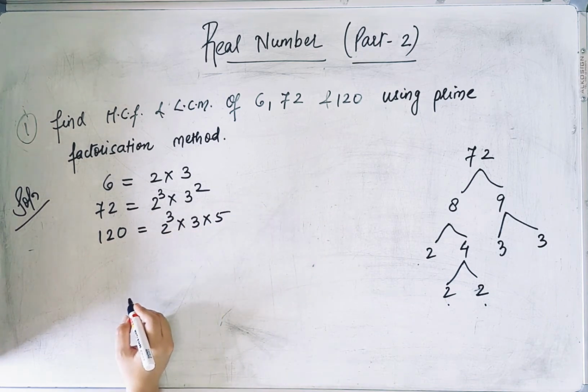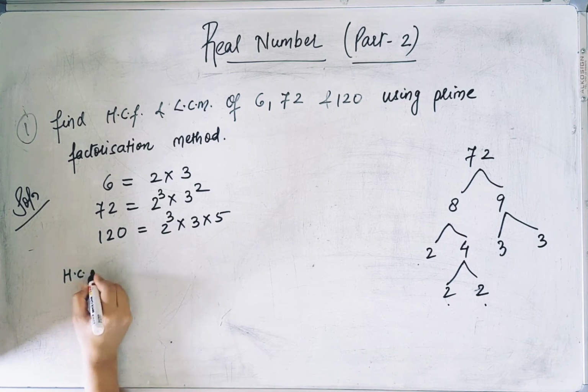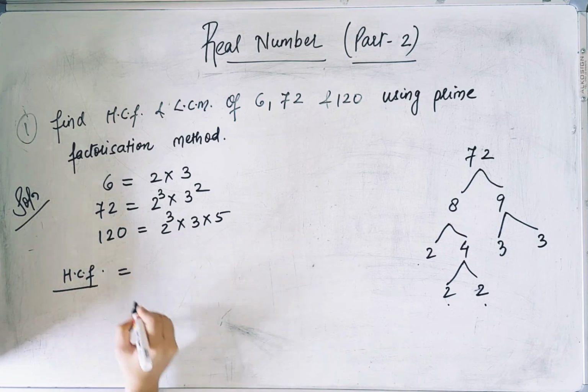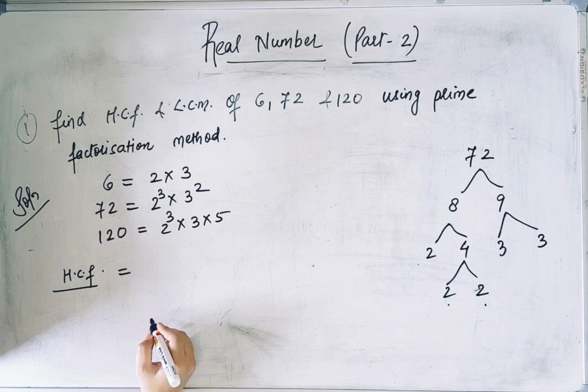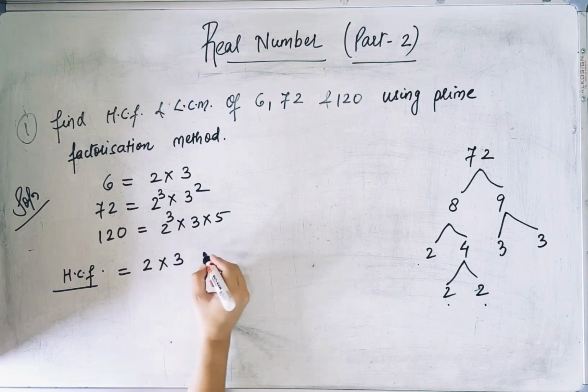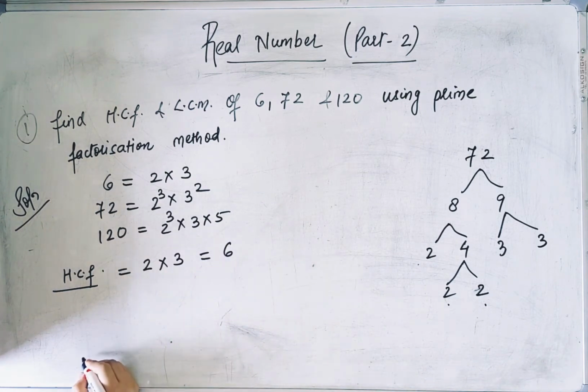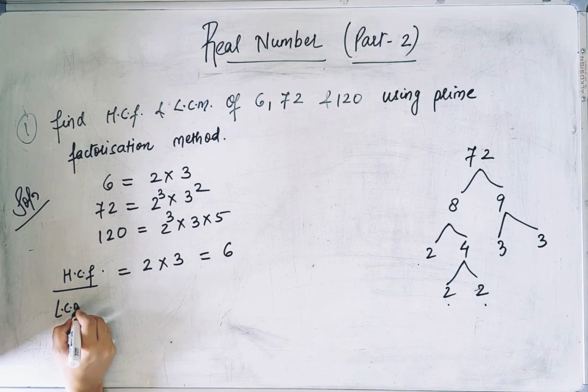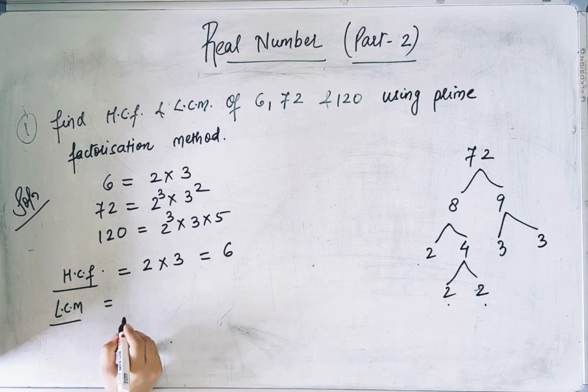Now when they are saying to find HCF, what does HCF mean? Highest common factor, which is common to all. So 2 is common to all and 3 too. So 2 into 3, HCF will be 6. LCM will be what?